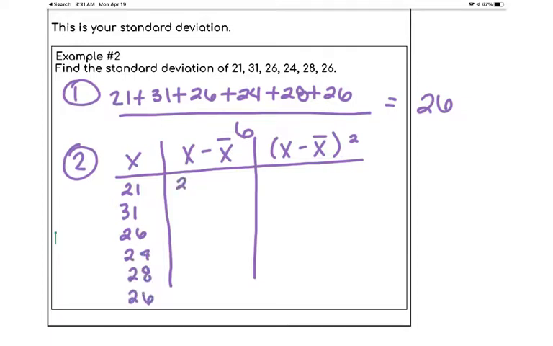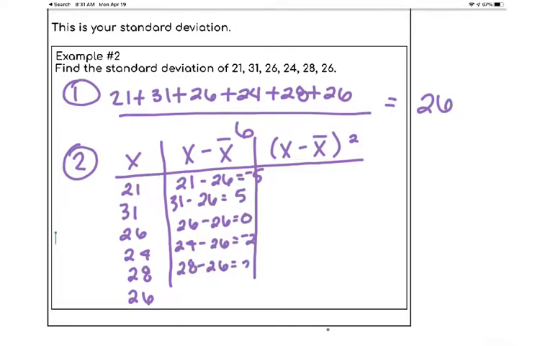So we will have 21 minus our mean, which is 26. So that is negative 5. 31 minus 26, which is 5. 26 minus 26, 0. 24 minus 26, negative 2. 28 minus 26, 2. And 26 minus 26, 0.